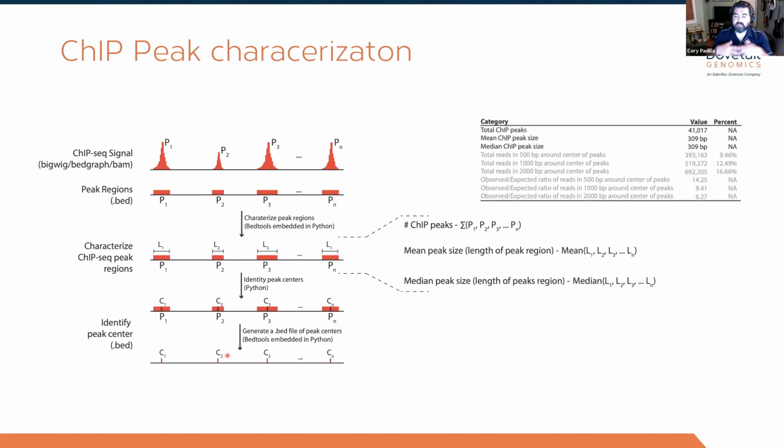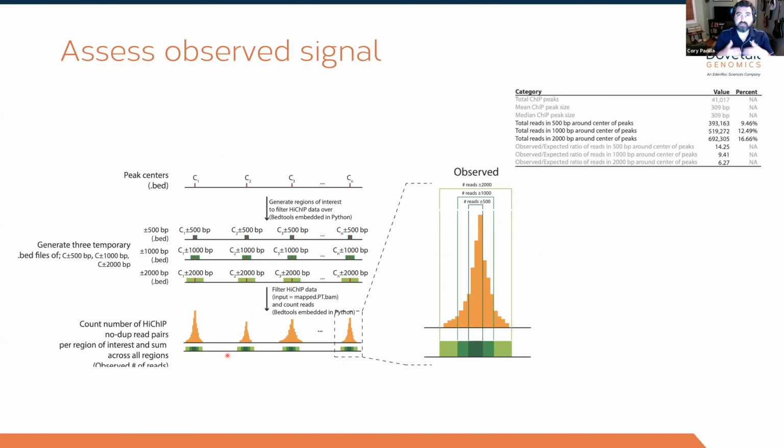So that's just giving us an understanding of where those protein anchors, those protein-DNA interactions actually occur, right? Just understanding how many of them there are, what's their size, and now we can start asking questions about how does the HiChIP enrichment compare to that ChIP-seq signal? Or how does that occur over the ChIP enrichment regions, right? And so I'll walk you through this.